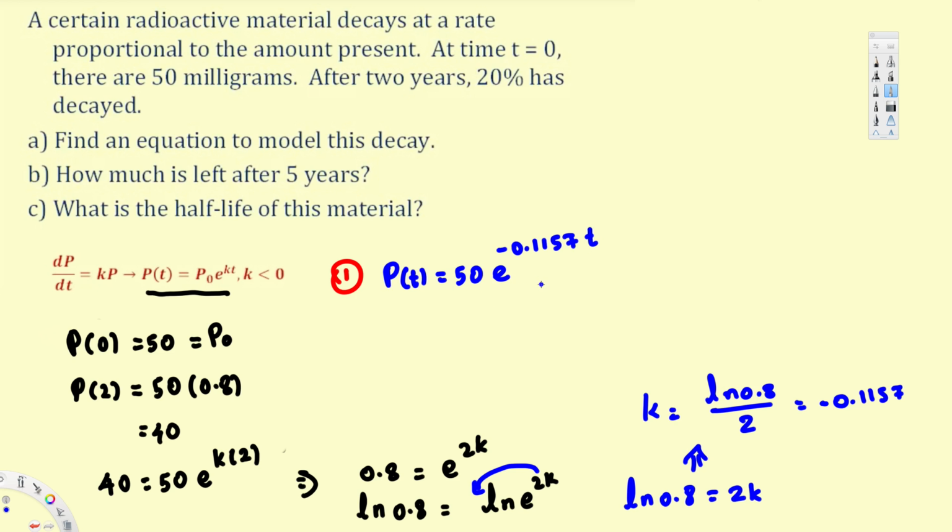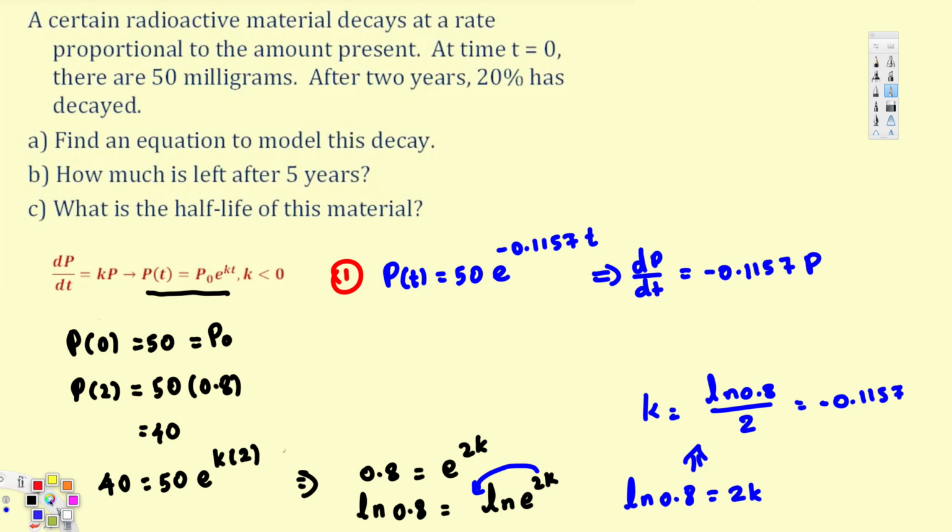This is our equation. Also, if you want to express it in this pattern, it becomes dP by dt is equal to k times P, where k is negative 0.1157 times P. This is the solution for the first question.